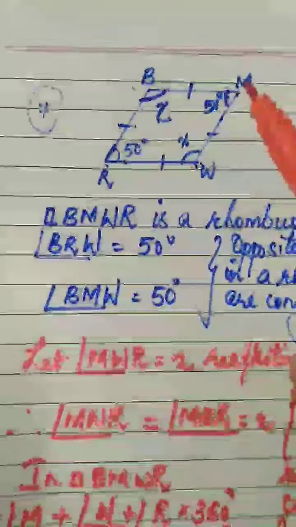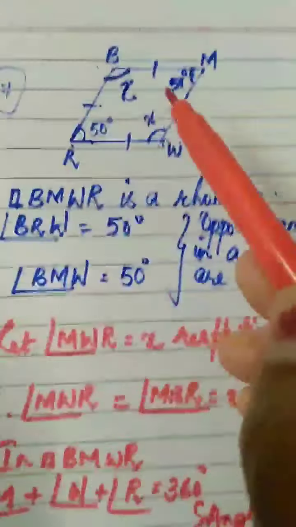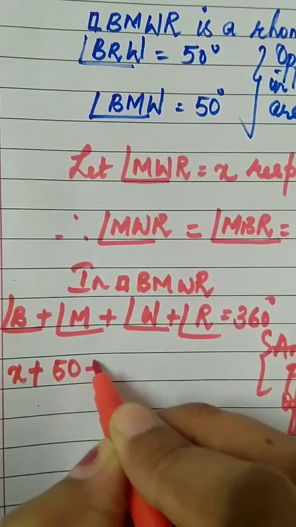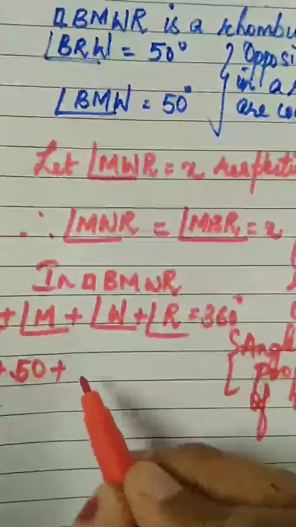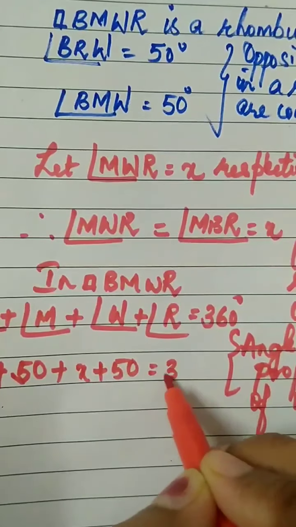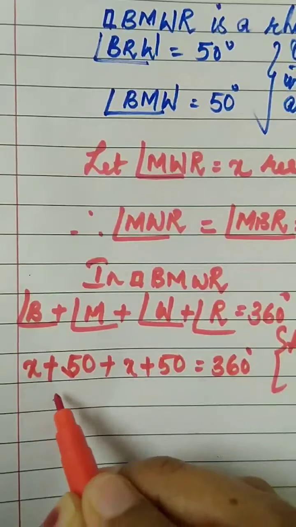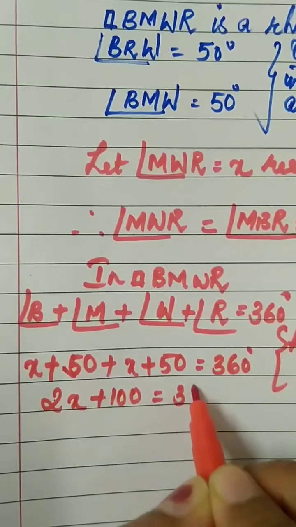Now let us substitute. B is x plus M is 50 plus W is also x plus R is also 50 is equal to 360 degrees. 50 plus 50 is 100, x plus x is 2x. 2x plus 100 is equal to 360.